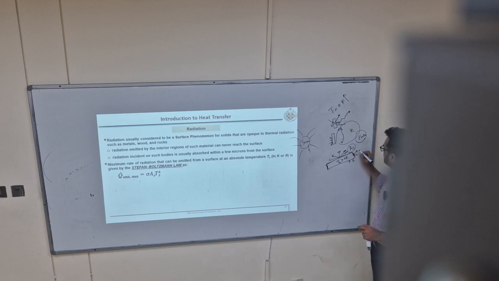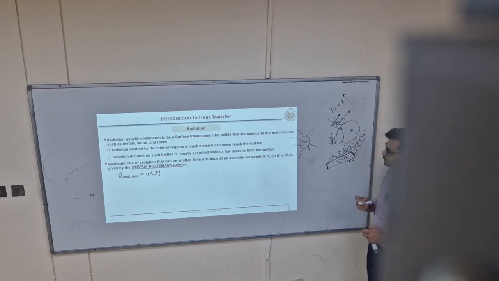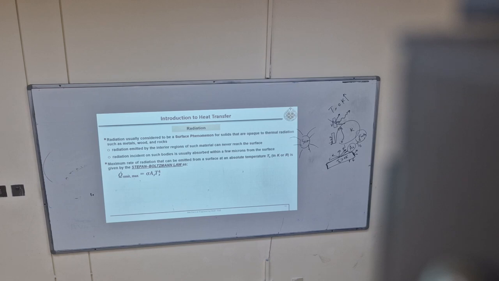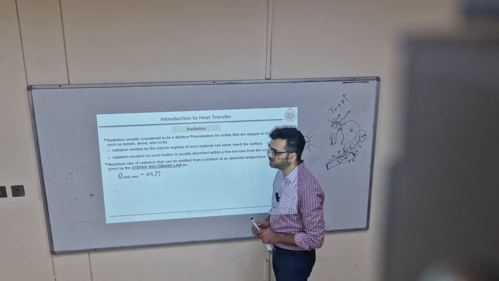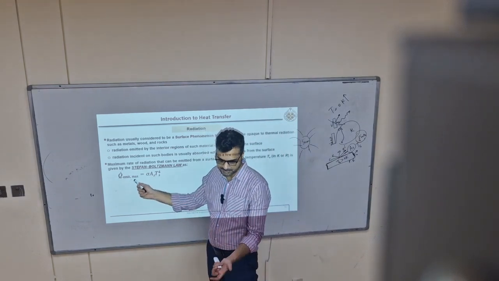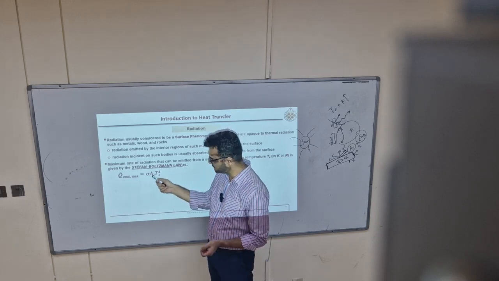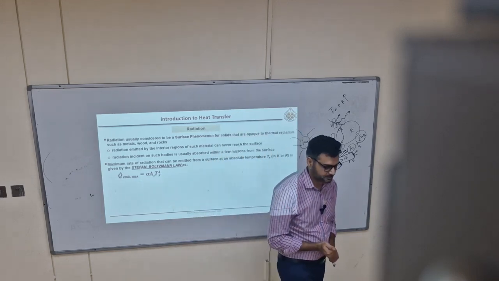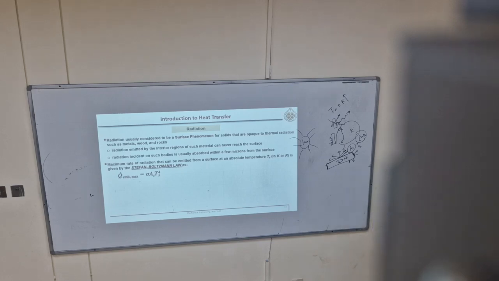So this whole area multiplied by temperature to the power 4, multiplied by that proportionality constant, which is called the Stefan-Boltzmann constant. So the radiation emitted by any body, maximum possible. Maximum possible means all real bodies are actually emitting radiation less than this. Right? This is the maximum possible.